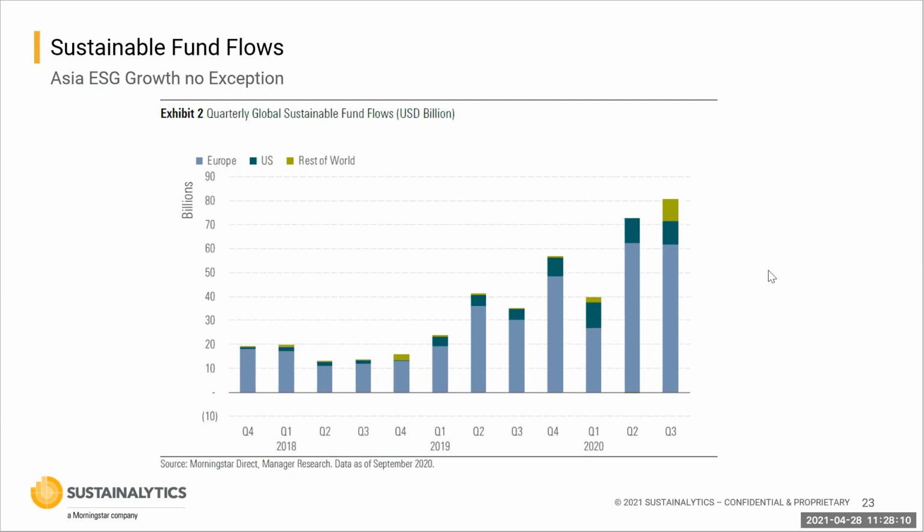There is evidence across the market that in 2020, if memory doesn't fail me, there were strong net inflows across ESG funds or RI funds, whereas there were net outflows across other non-ESG funds.